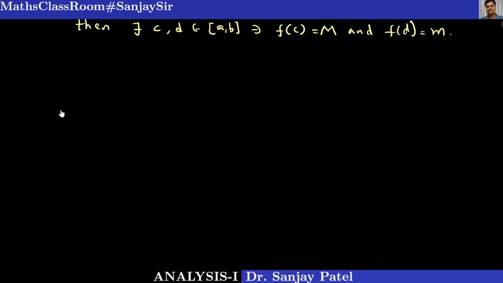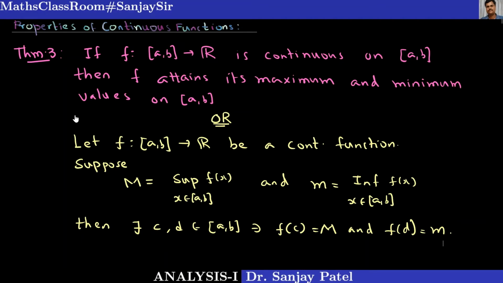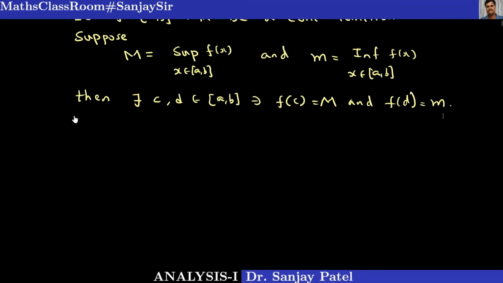To understand this, first of all, let us get an idea from the diagrammatic representation of this extreme value theorem, which says that if a function is defined in a closed interval [a, b] and it is continuous, its maximum value and minimum value is obtained at some points within that closed interval [a, b].